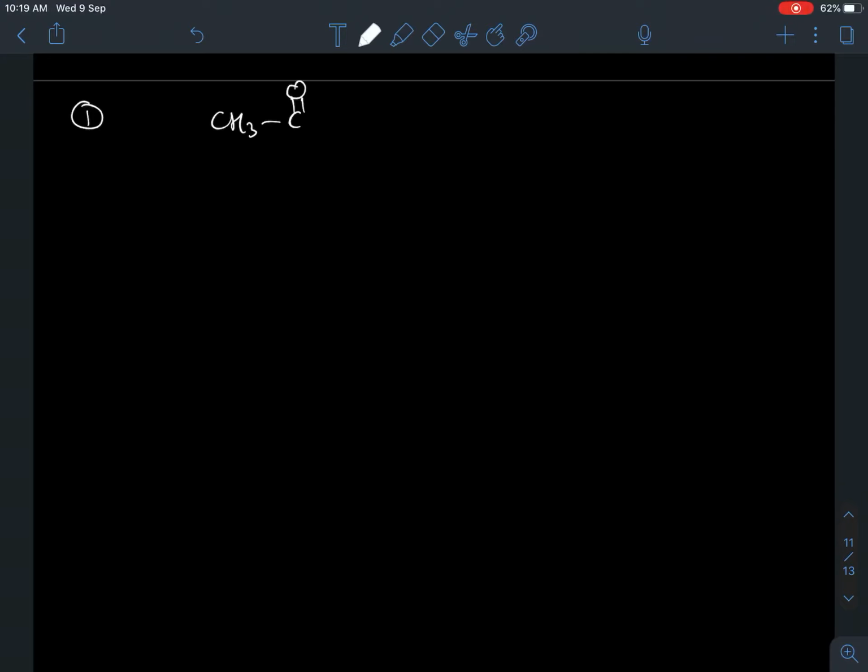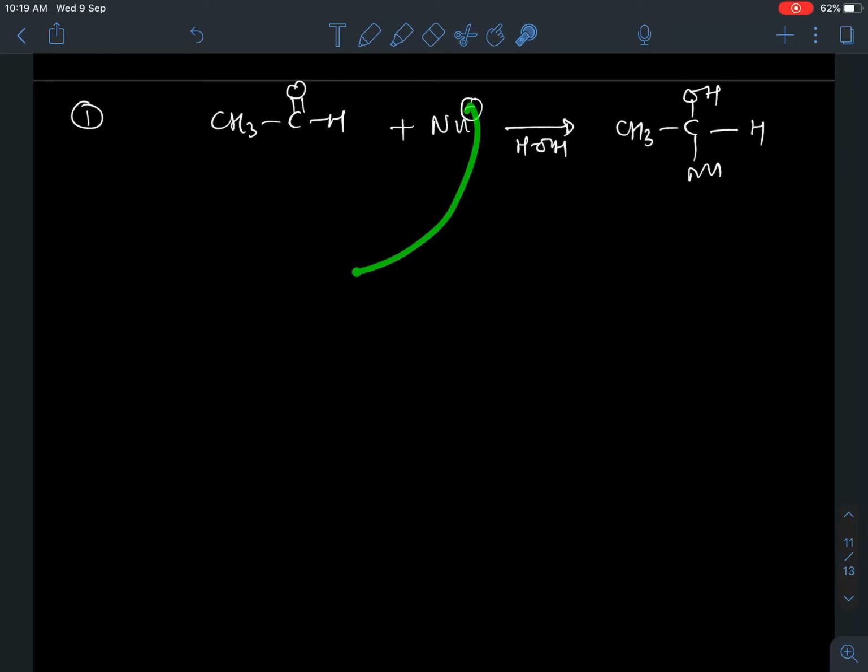CH3CHO when reacting with a nucleophile forms CH3, C, OH, nucleophile and hydrogen. Number one, when the nucleophile approaches here, obviously it will be influenced by steric hindrance.